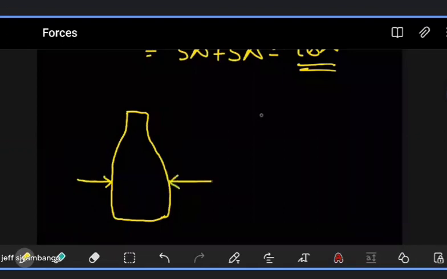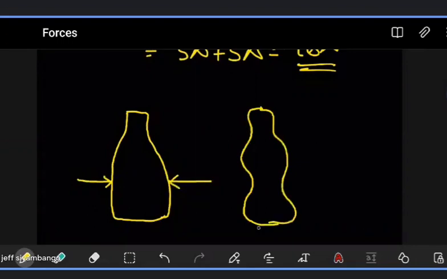What you end up with is something like this. The bottle will be deformed. So what I'm trying to say here is forces can cause deformation. They can change the shape of the object.